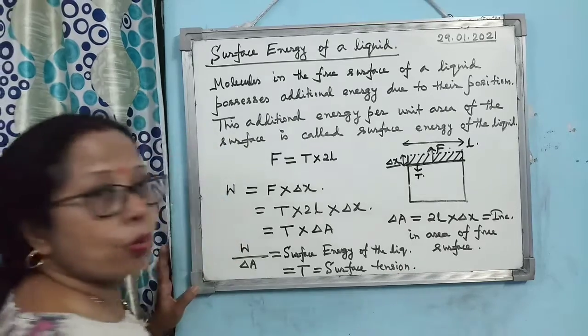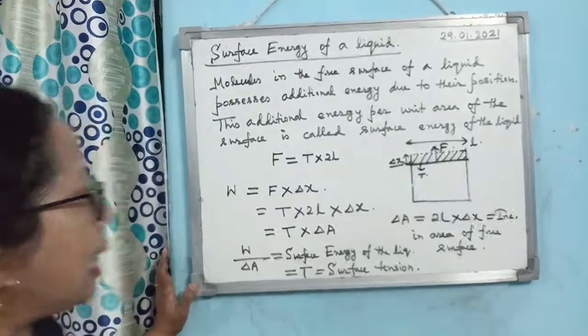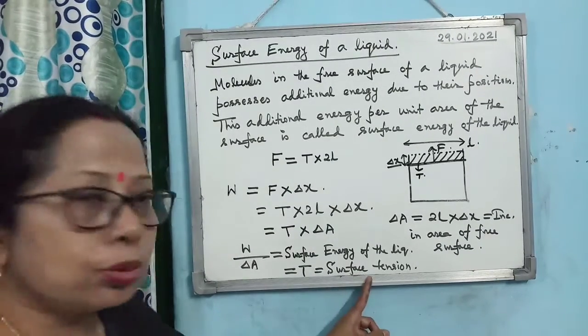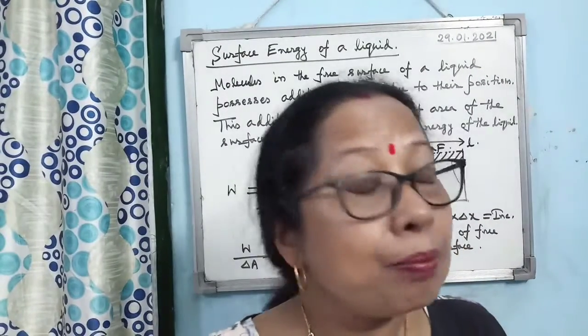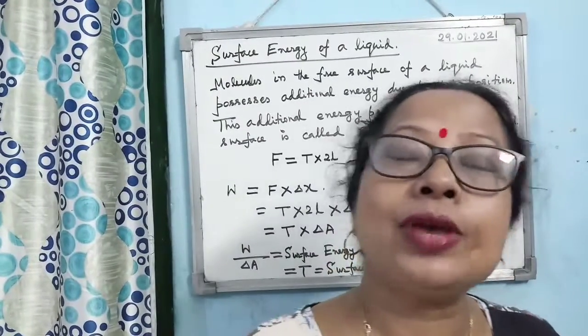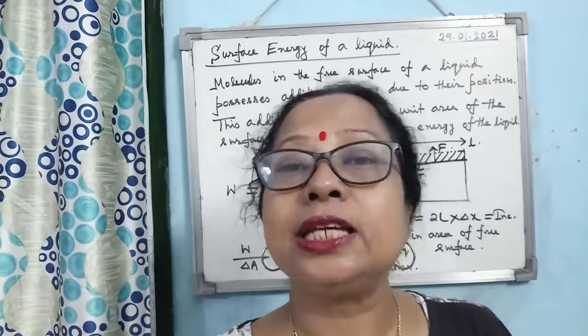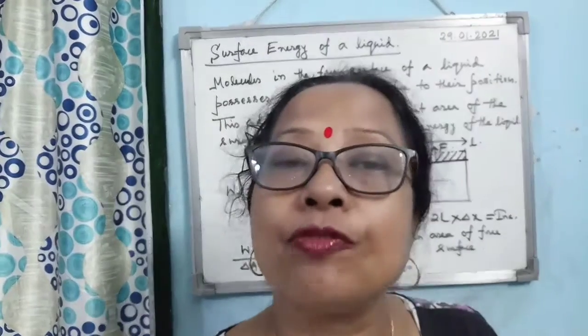Alright, so what is the important conclusion we have got? That surface energy of a liquid is numerically equal to surface tension. Alright, because remember that surface energy of a liquid is the additional energy per unit area. Whereas, what is the surface tension?